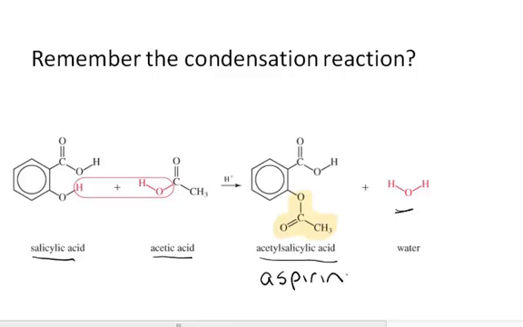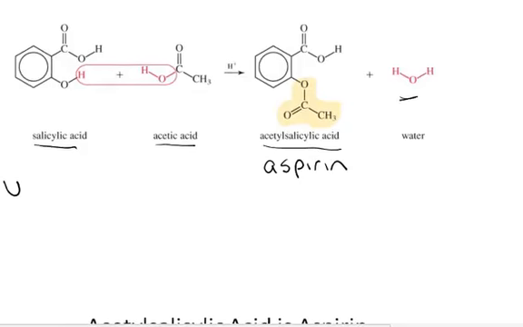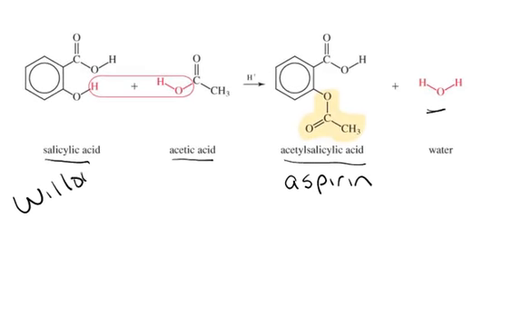So this is an example of engineering a drug to give the desired physiological effect. What happened was, a long time ago, people had found that the tea of willow bark was a good pain reliever and fever reducer.